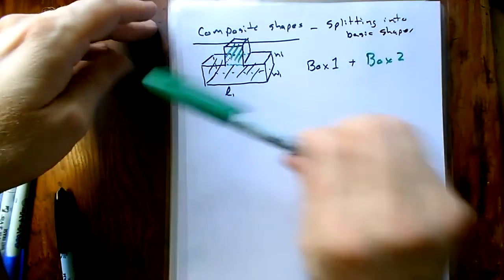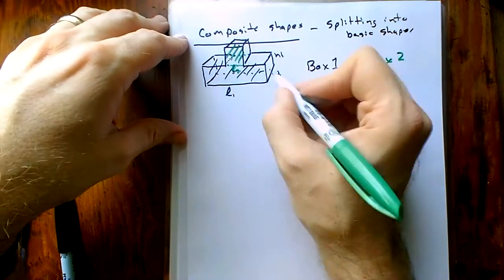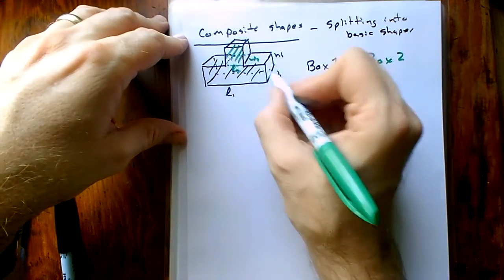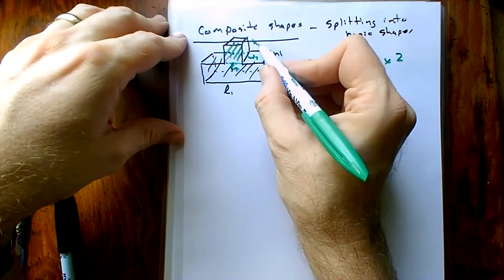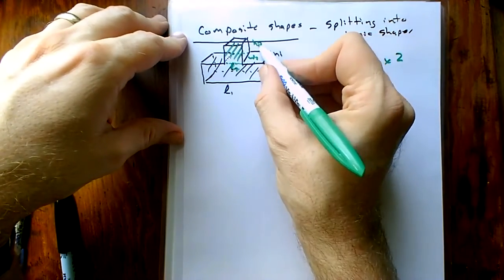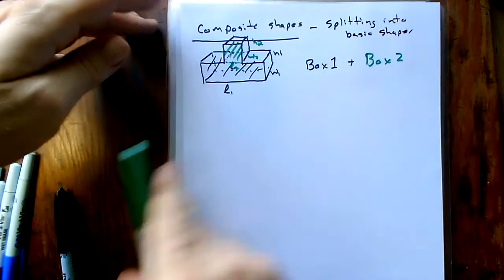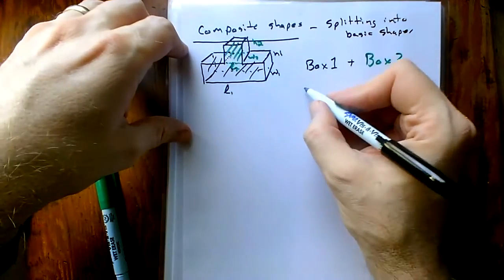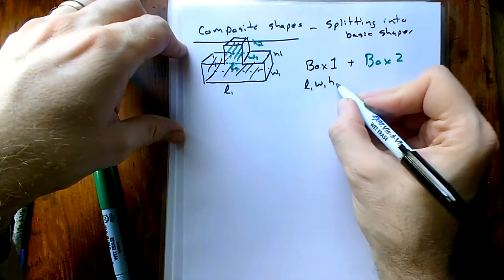And when I do that, you're going to figure out, okay, I'd have length 2. Notice that these two widths are going to be the same. That's also fairly common. And then you might end up with two things with a common height as well. But whatever. So when you're doing this, you're just going to end up doing length 1 times width 1 times height 1.